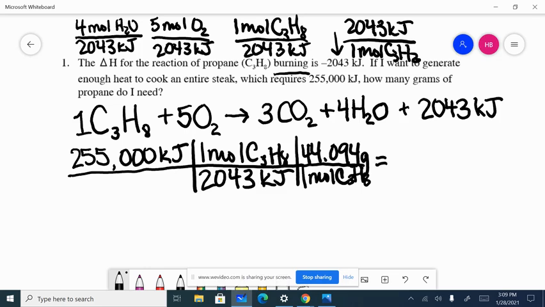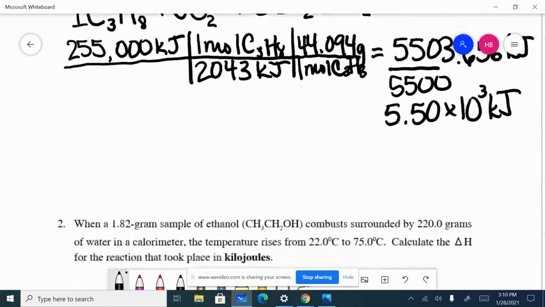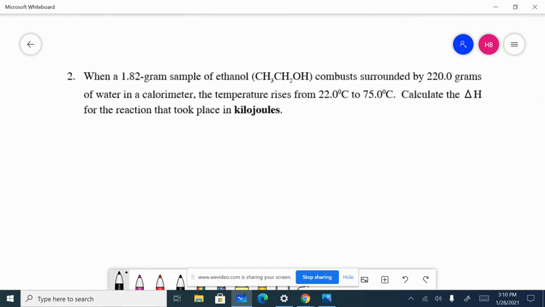I multiply across the top and divide by the bottom, and I get an answer in my calculator of 5503, and then a bunch more numbers that I'm not going to need, kilojoules. I'm going to round to 3 sig figs. You notice I can't answer in 3 sig figs. If I do that, that's only 2. So I need scientific notation. There's my answer. Next problem.